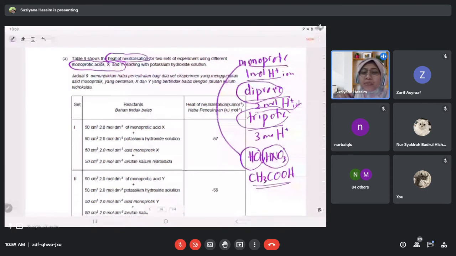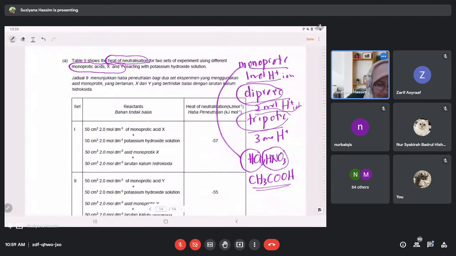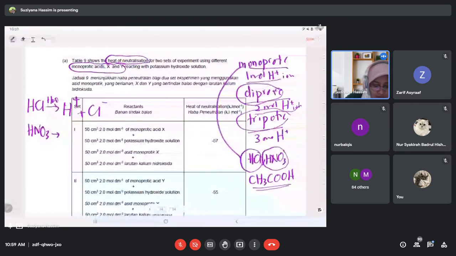What is the meaning of monoprotic acid? Look here. HCl ionized in water produces H+ and Cl-. HNO3 ionized in water produces H+ and NO3-.